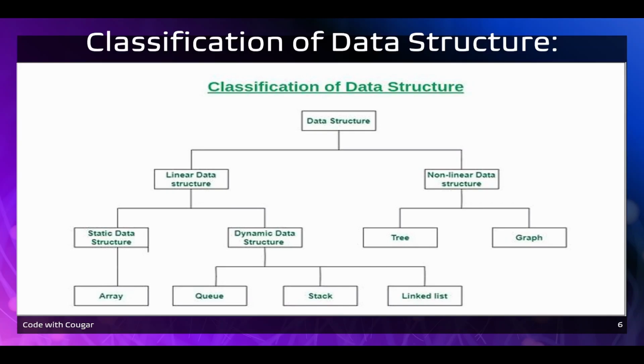So in summary, linear data structures are those where data elements are arranged in a sequential or linear order, while nonlinear data structures are those where elements can have multiple connections and they do not follow a linear order. So understanding the difference between these two types of data structures is important for choosing the appropriate data structure for different tasks in programming.